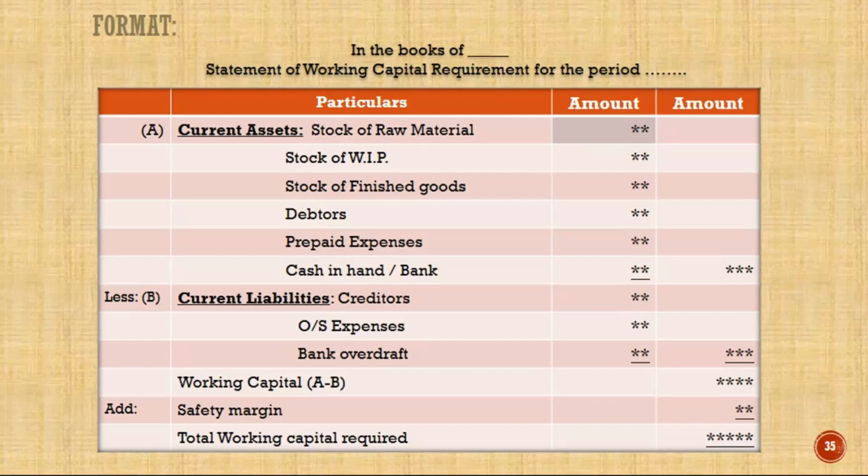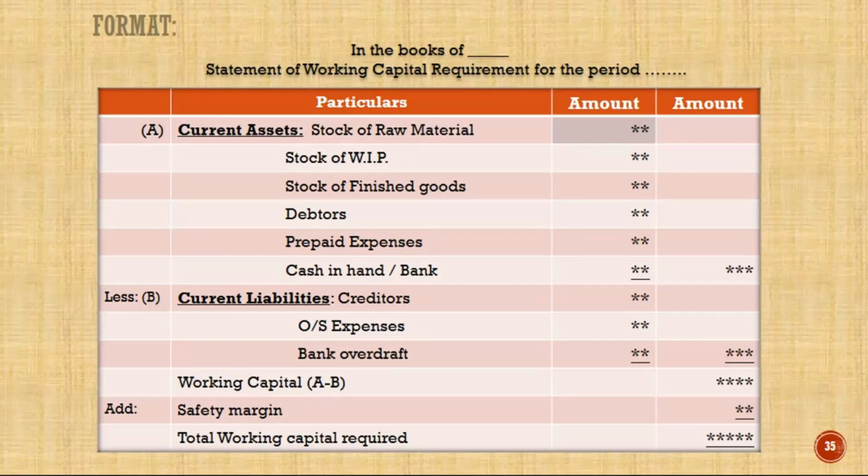Next is less current liabilities. Under that, you can see various current liabilities, for example, creditors. Next is outstanding expenses, that is the amount of the expenses we have not yet paid to the party.